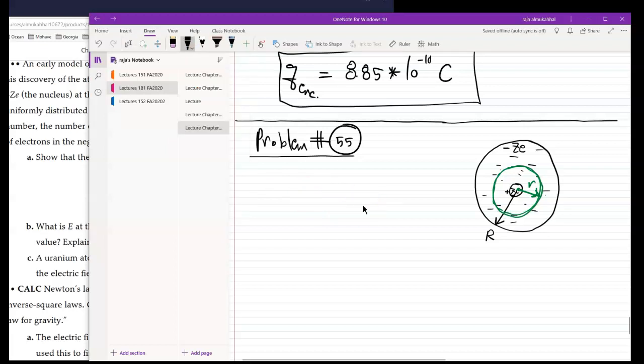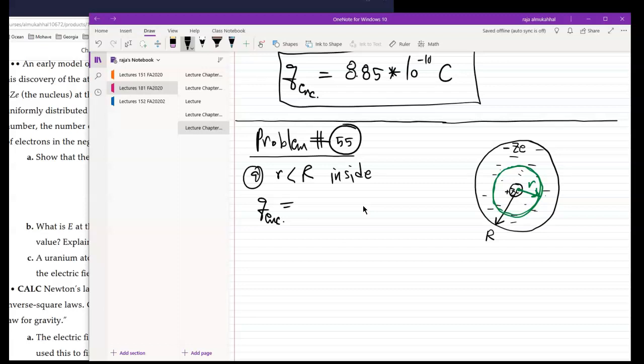So for r less than R inside, we're going to use the same thing. Before I do anything, what is the total enclosed charge? Let's talk about that, the enclosed charge.